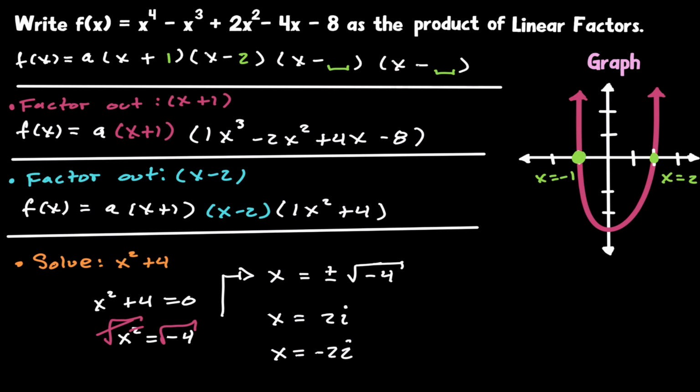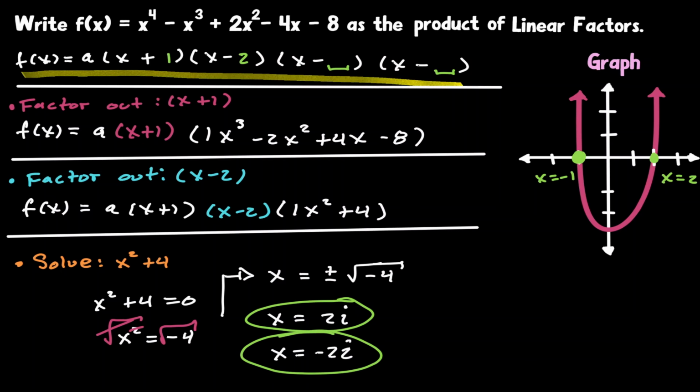And we are done because now we have the 2 other solutions that we were missing. So let's put that down in our linear factor form. Let's erase our third factor and let's put the value of 2i. And let's put down the fourth solution in our fourth factor as negative 2i.